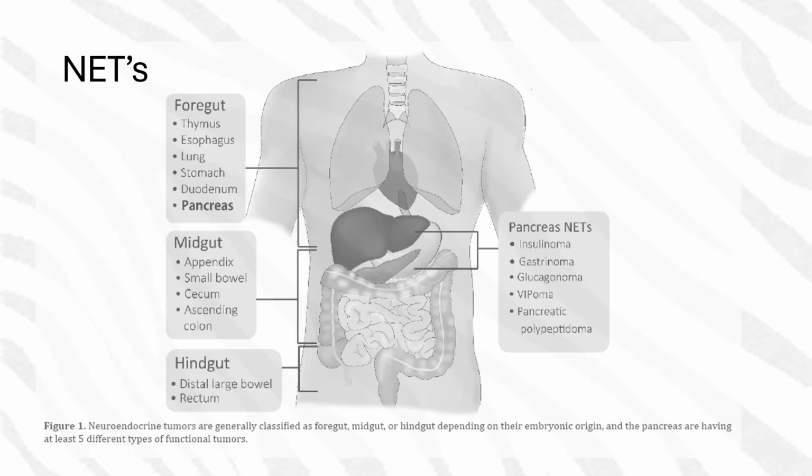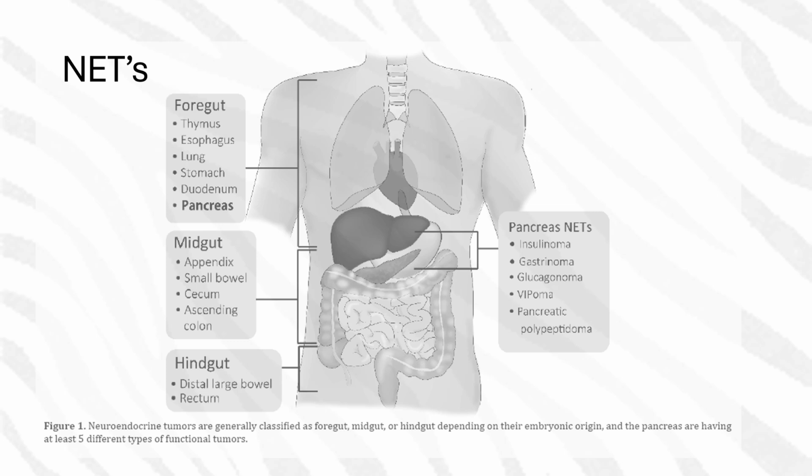These are areas where neuroendocrine tumors are generally found, and they are typically classified as foregut, midgut, or hindgut, depending on their embryonic origin. The pancreas has at least 5 different types of functional tumors. The lung is included in the foregut, as is the thymus.